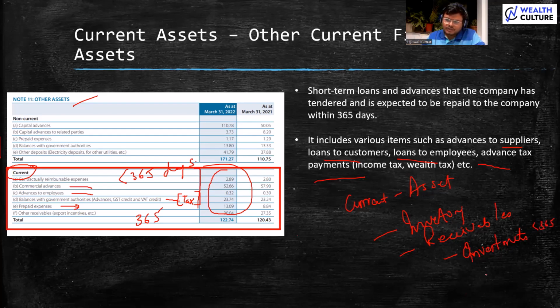Basically investments which are of the trading nature, these come here and these are booked through the P&L. And then we have other current assets, basically operational stuff, advance to suppliers, loans to customers, advance tax, stuff like that.